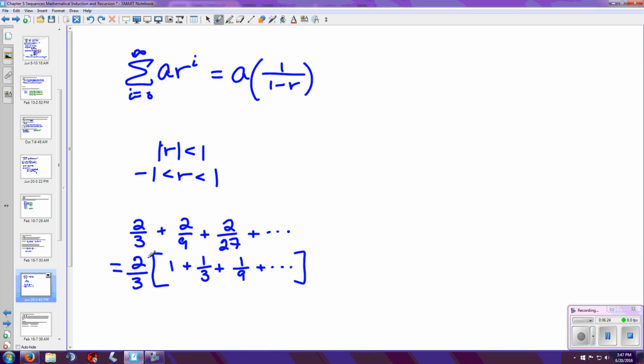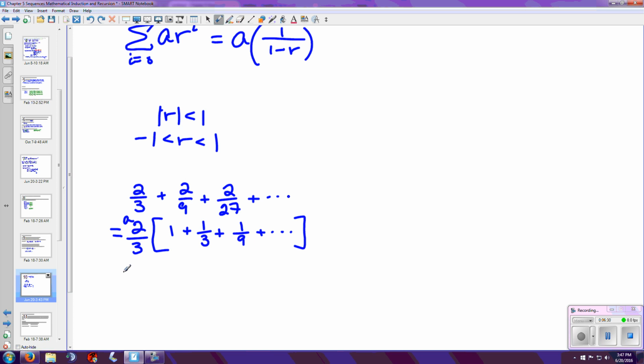Out here, this is our constant a. So a is equal to 2/3 in this case. We can simplify this a little bit further so it's easier to recognize. We have 2/3 times 1/3 to the 0 plus 1/3 to the first plus 1/3 to the second, so on and so forth.